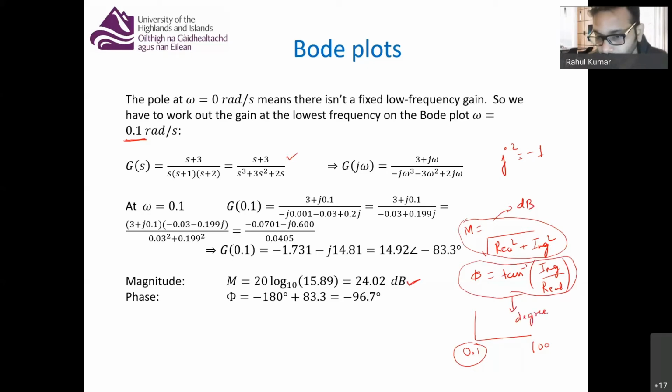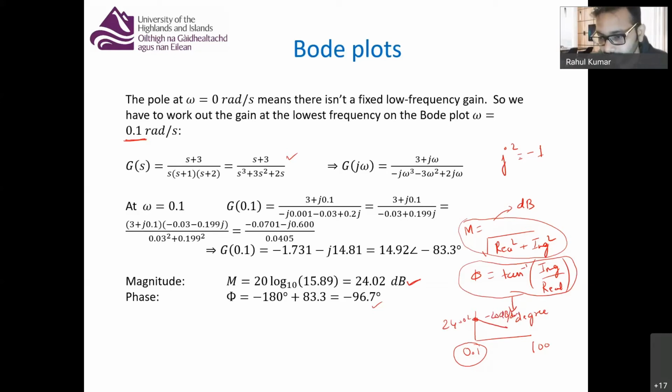Okay, so I have done the calculation here. I got 24.02 dB as the starting point. So my graph in the magnitude plot will start from 24.02, and it will have an initial slope of minus 20 dB per decade, right?